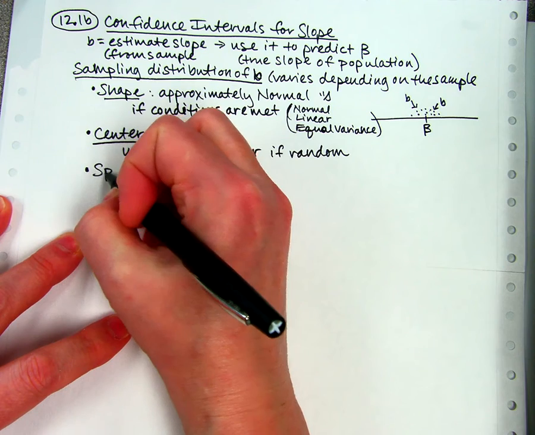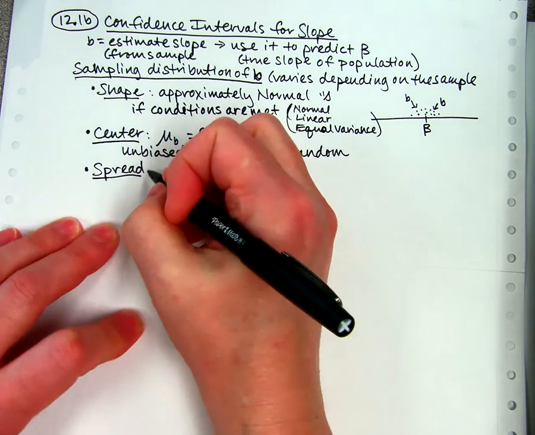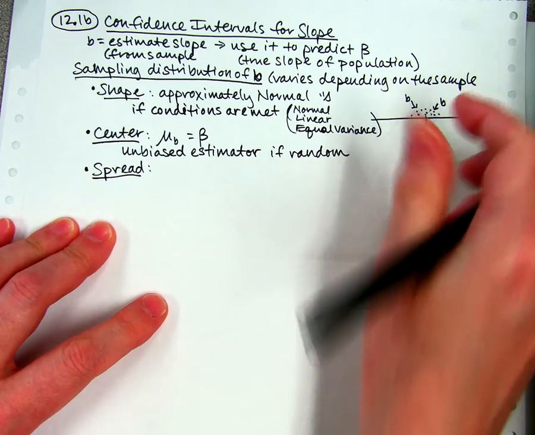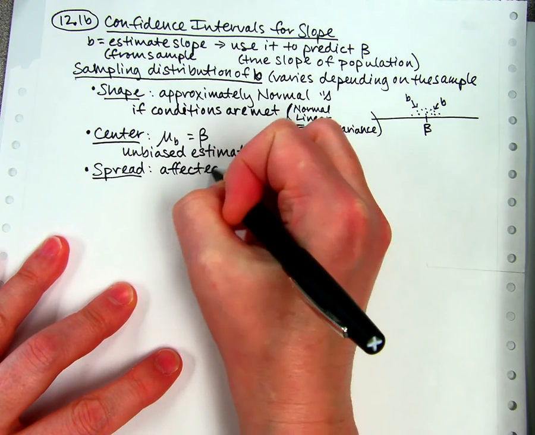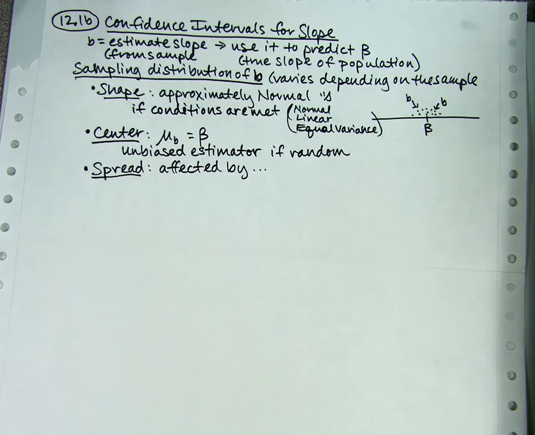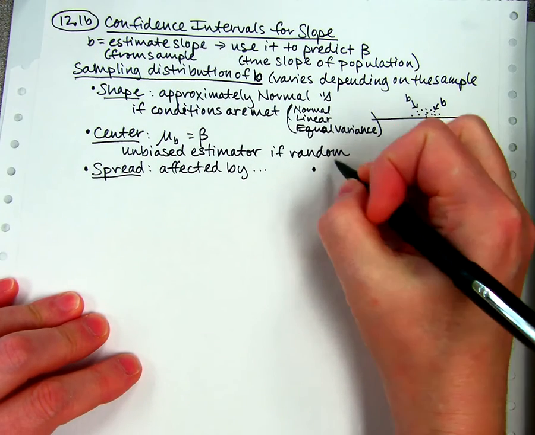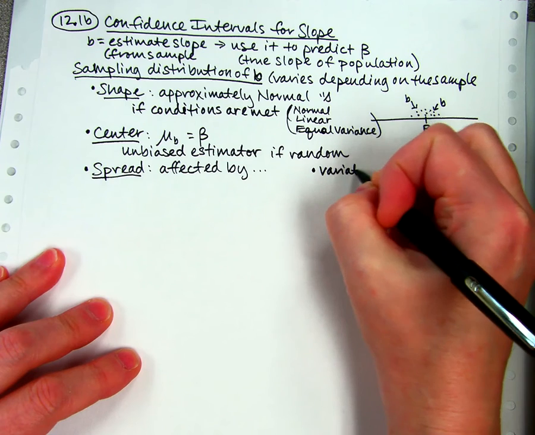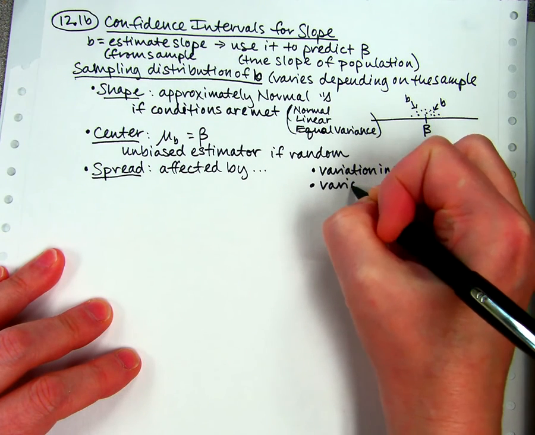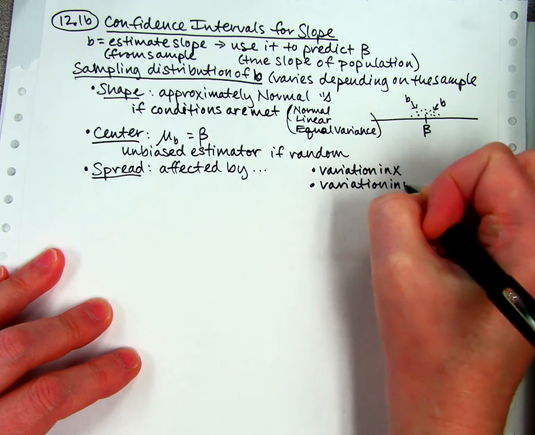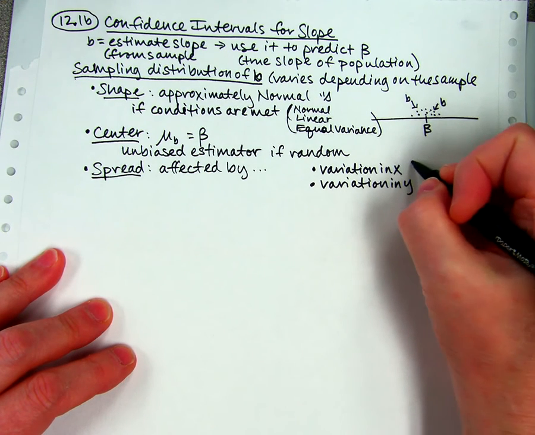Spread is last because it's a little bit more complicated, and so that's what the warm-up was about. The warm-up was about things that affect the spread of the slope, the variation in the slope. Variation in the slope is affected by 3 things, and 2 of them we did in the warm-up. So I'm going to remind you that we talked in the warm-up about the variation in X making a difference, and the variation in Y. Variation in X, large is good.